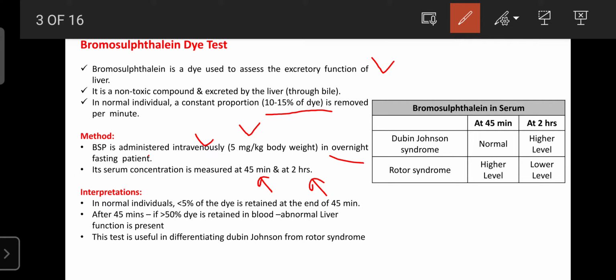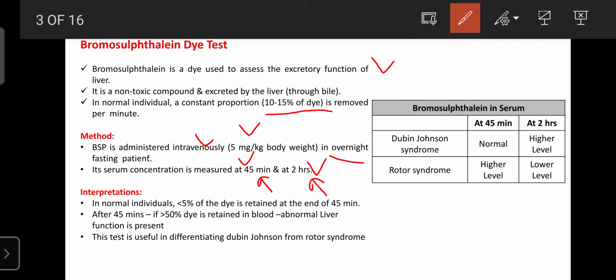That's why the serum was collected at 45 minutes. Then after 2 hours, fresh serum was collected again, because it is excreted every time, so the level decreases. So the estimation of bromosulfophthalein from the serum is helpful to know the functions of the liver.